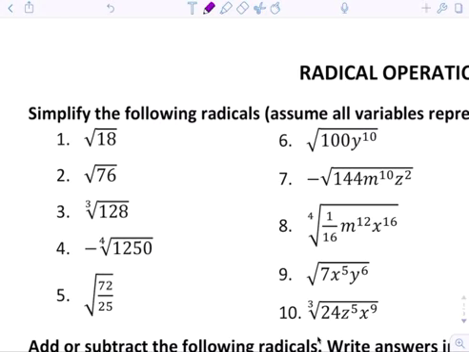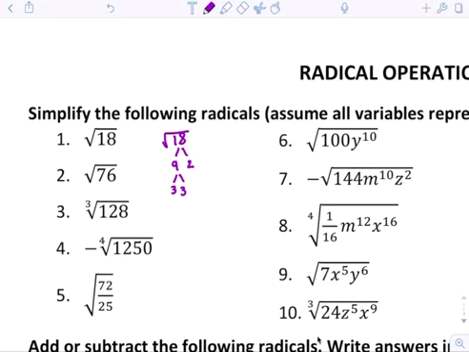So for number one, remember, a square root has a root of 2, right? So basically, we want to simplify this until we find a pair. So radical 18 factors into 9 and 2, and the 9 factors into 3 and 3.